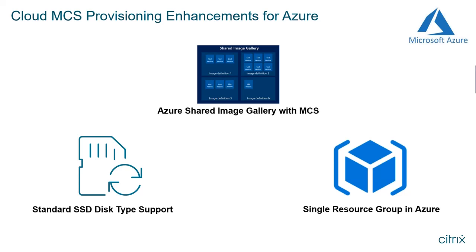Single resource group in Azure. We're continuing to expand the limits, or so-called configuration limits, in terms of what's possible in a given deployment and how far we can scale up versus scaling out. And the single resource group in Azure is a good example for large environments, being able to contain all of our resources within one nice confined single resource group.